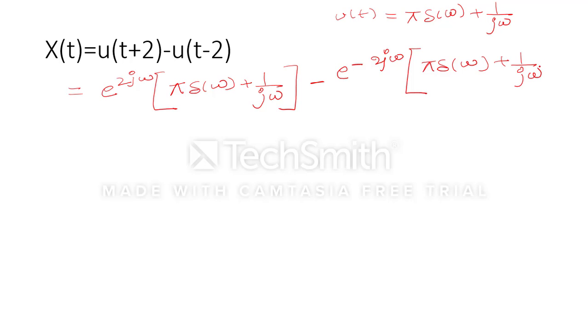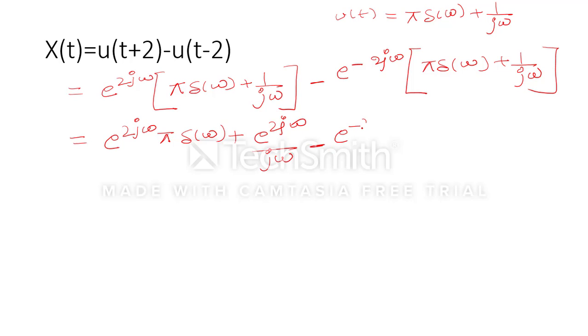When we open the bracket, we will see e^(2jω) multiplied by πδ(ω), plus e^(2jω)/(jω), minus e^(−2jω)πδ(ω), minus e^(−2jω)/(jω).